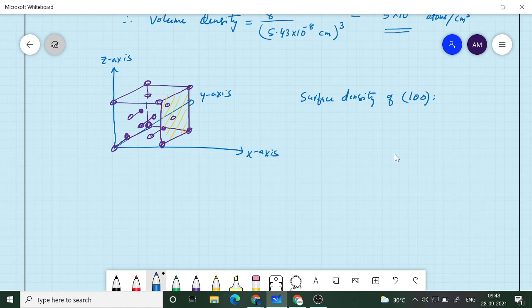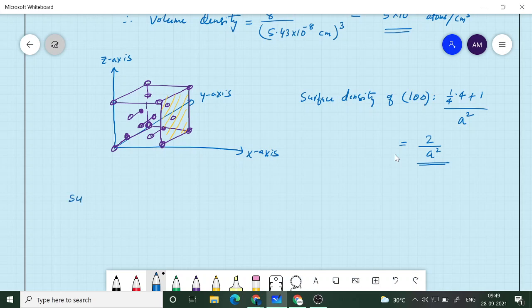So 1/4 into 4, there are 4 such corner atoms, plus 1 fully inside which is at the face, divided by a square. Okay, so this is equal to 2 by a square. That is the surface density of the 100 plane.